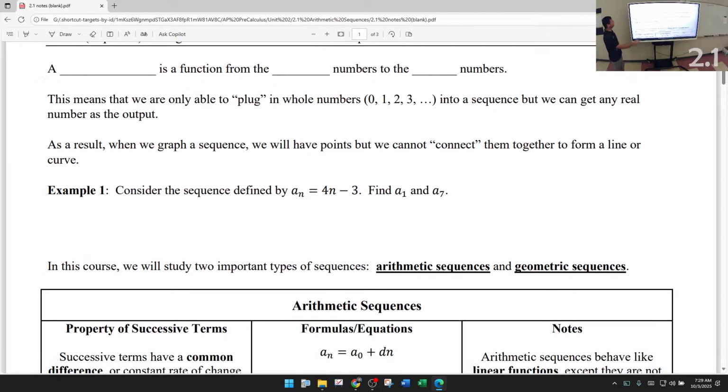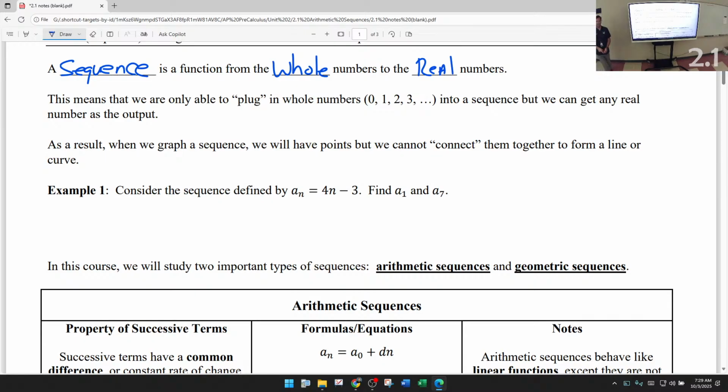Okay, so here we go with that. A sequence is a function from the whole numbers to the real numbers. I wouldn't write anything down there, but it is what it is.